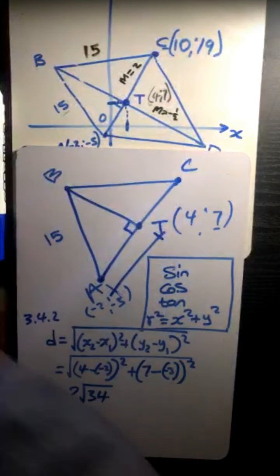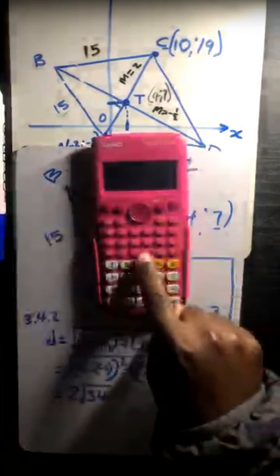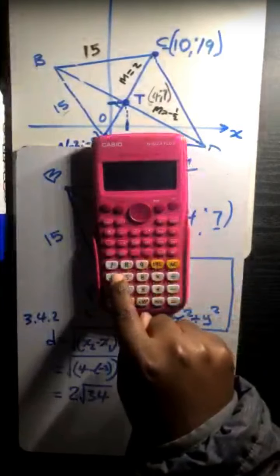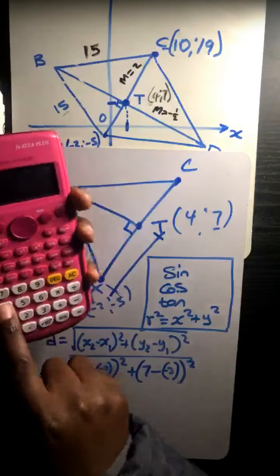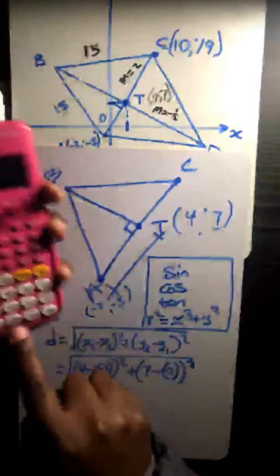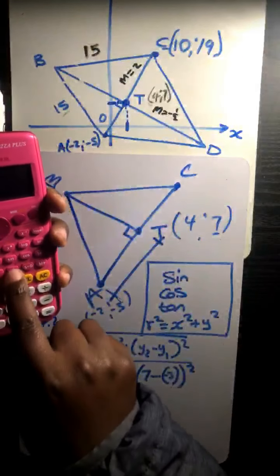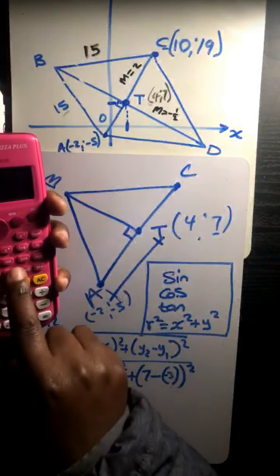Shreyas, let's try to double check. So it is the square root of, inside the brackets, x2. Okay, there x2 is 4 minus x1 there. It is negative 2, close, squared, plus open.